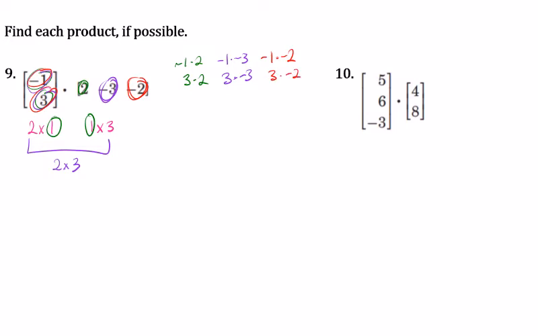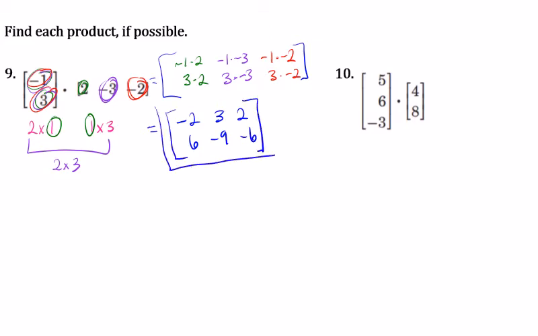All right, and so that's my resulting matrix. So now I can just simplify. So I get negative 2, positive 3, positive 2, 6, negative 9, negative 6. All right, and just like we thought, it's a 2 by 3.